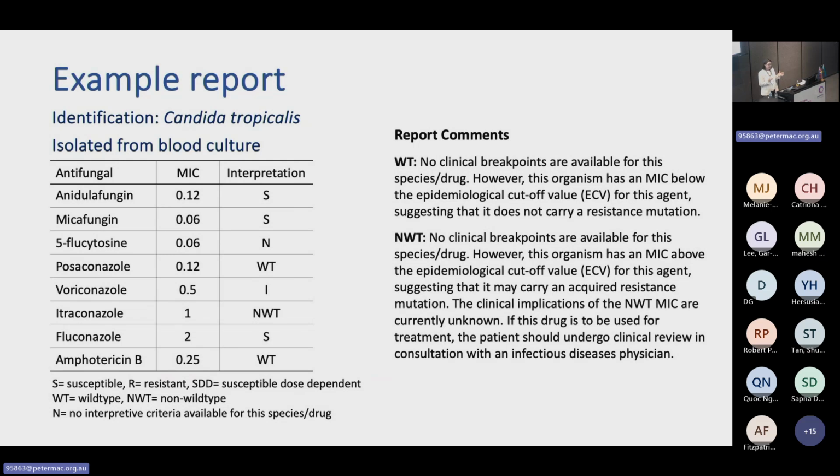And so there'll be a big difference between an MIC of 2, for example, and they do happen in Candida glabrata, and 32. And that, having the MIC could help guide your decision making on whether or not you would use fluconazole in that situation. So MICs are important.